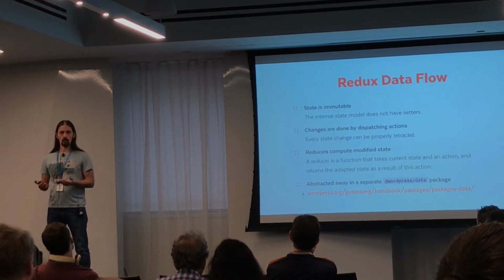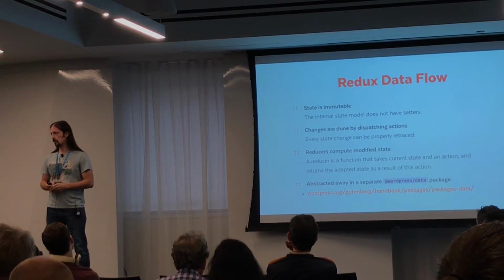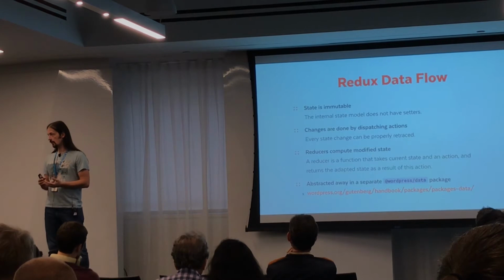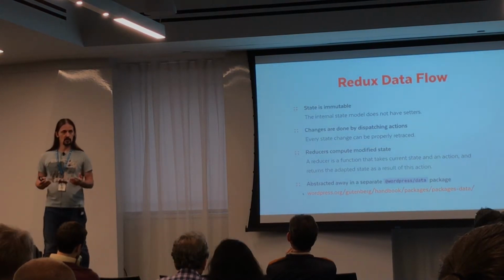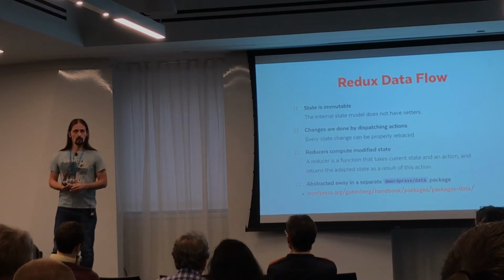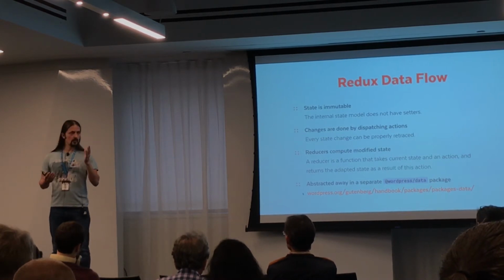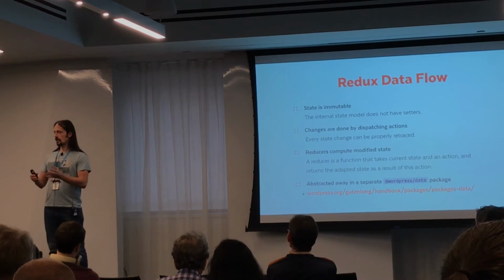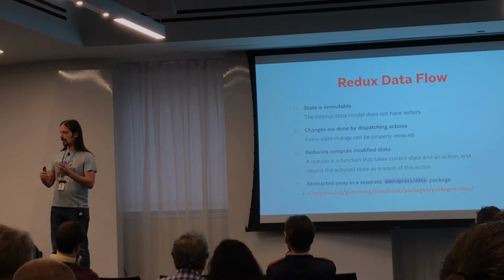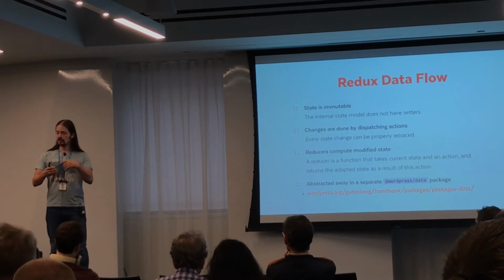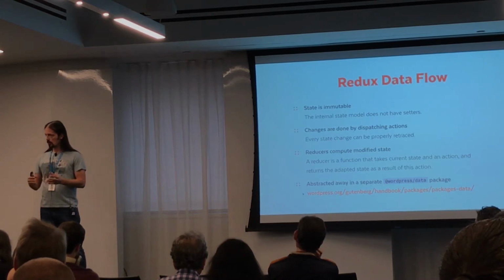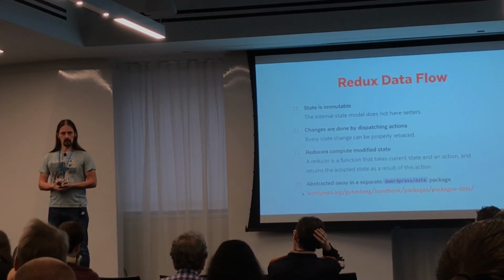It makes for a lot more boilerplate code there. So instead of doing an assignment like you're used to, just saying variable A is now 3, you will say, well, I now dispatch the action set variable A with a value of 3, and I have a reducer that calculates the new state of that variable, etc., etc. So the code seems more complex at first because there's much more boilerplate code.